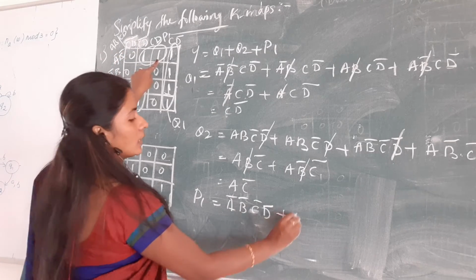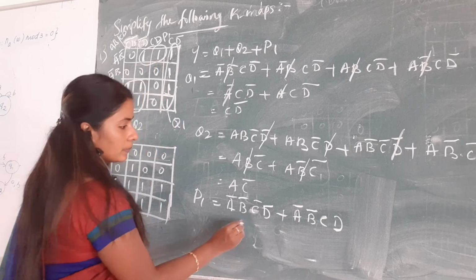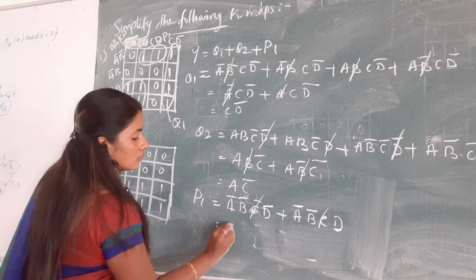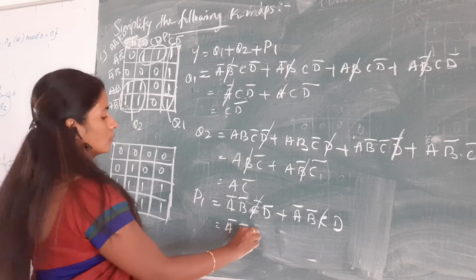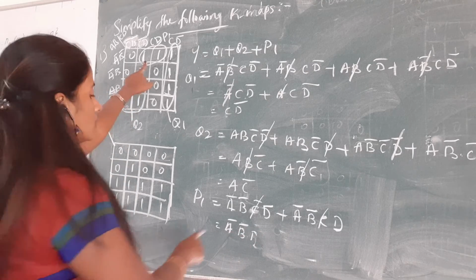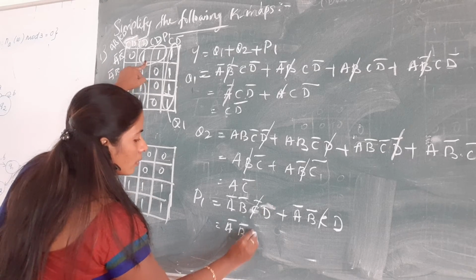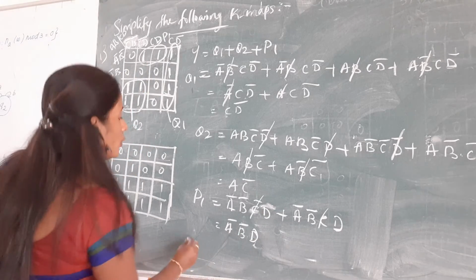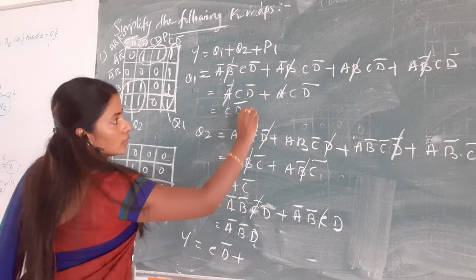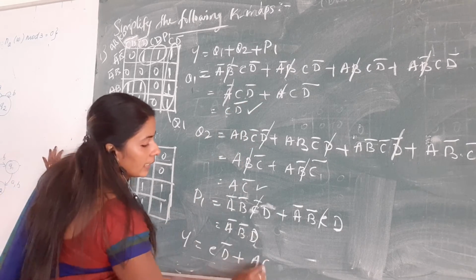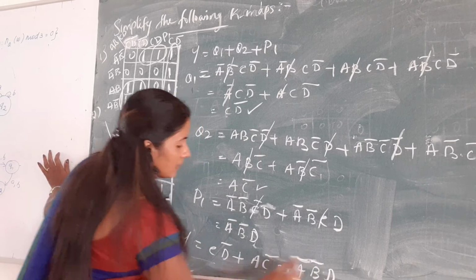Next, this one is A bar, B bar, C, D. Now you can write the final answer: Y is equal to C bar D bar plus A C bar plus A bar B bar D.